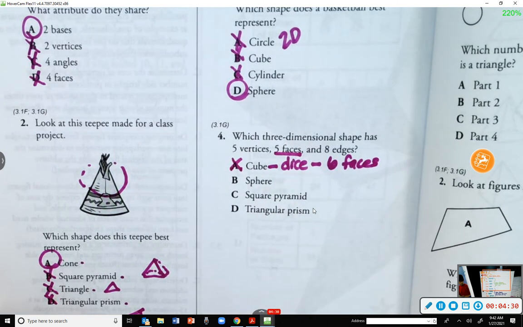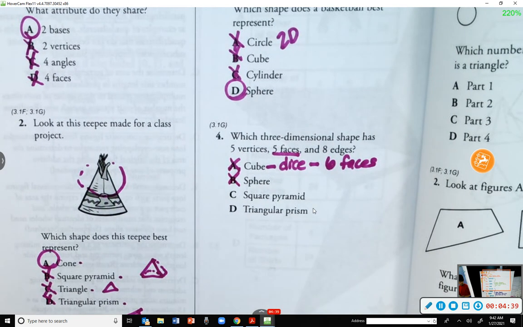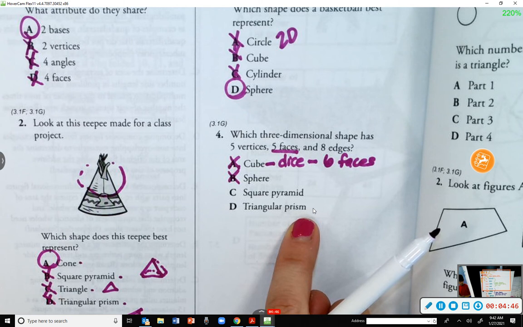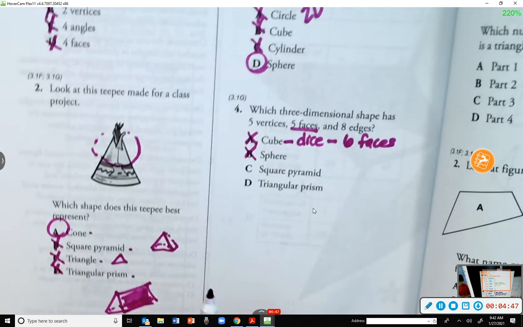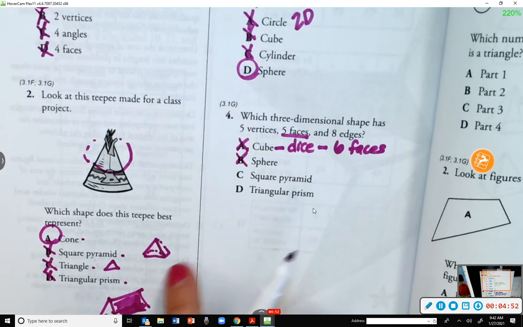What about a sphere? No, a sphere has how many faces? 0. Square pyramid? Yes, it's possible. So let's come back to that one. Triangular prism? No. Triangular prism, remember, looks like the tent.